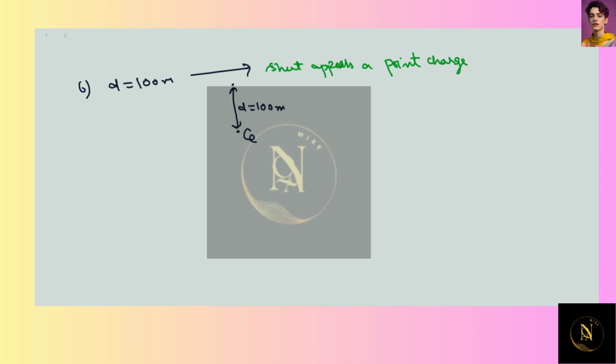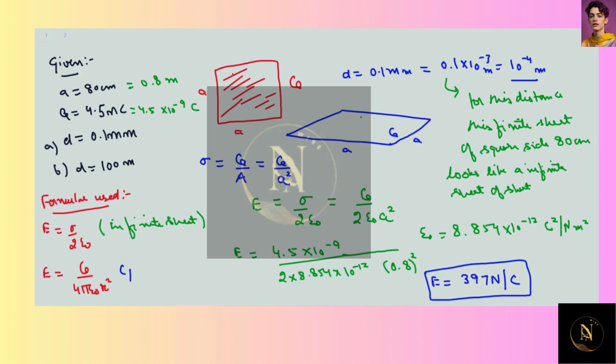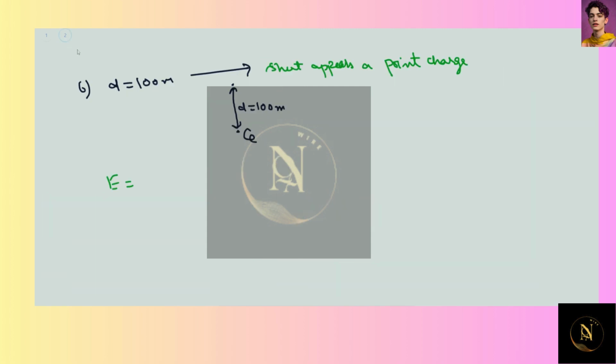Charge is conserved, so we have the electric field due to a point charge, which equals Q over 4 pi epsilon naught R square. So the electric field equals 1 over 4 pi epsilon naught times Q over d square. We know that 1 over 4 pi epsilon naught is 9 into 10 to the 9.